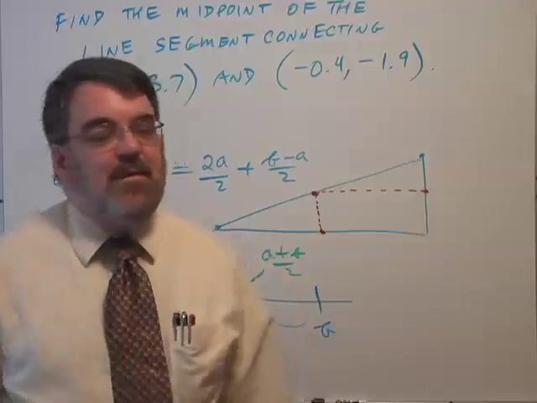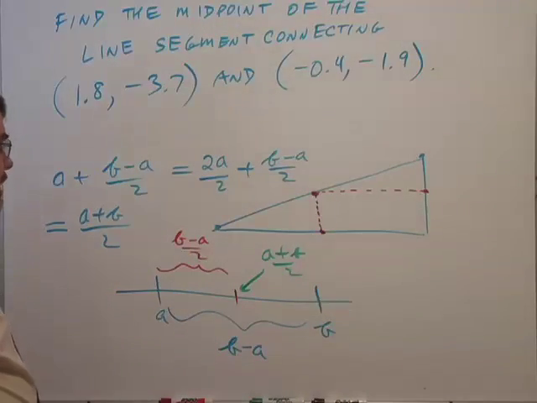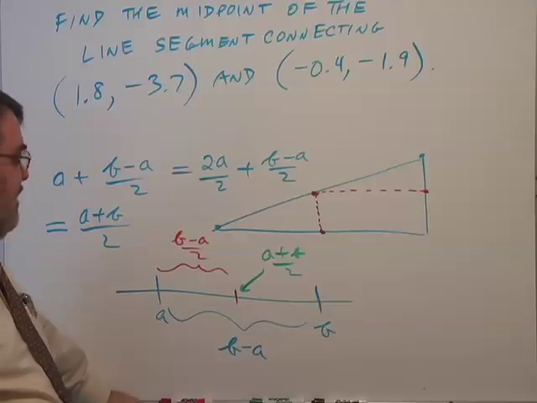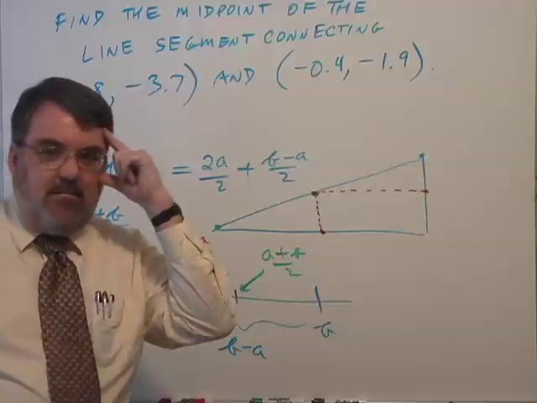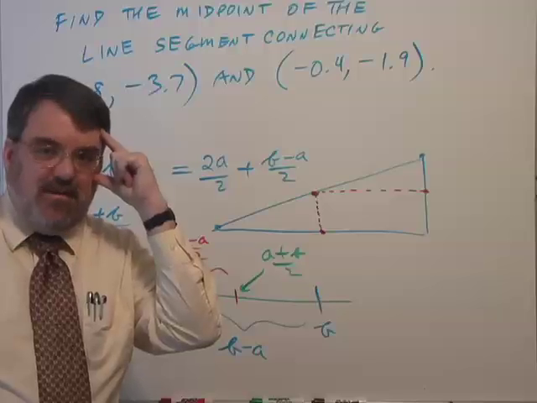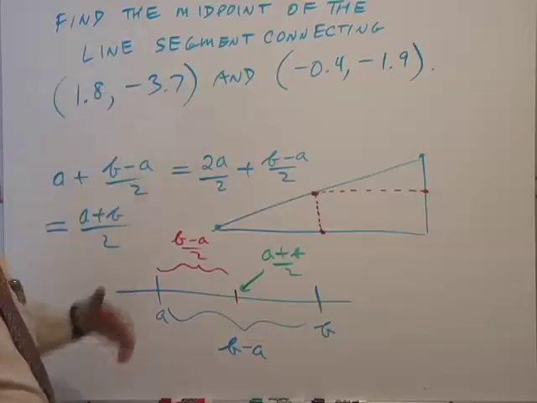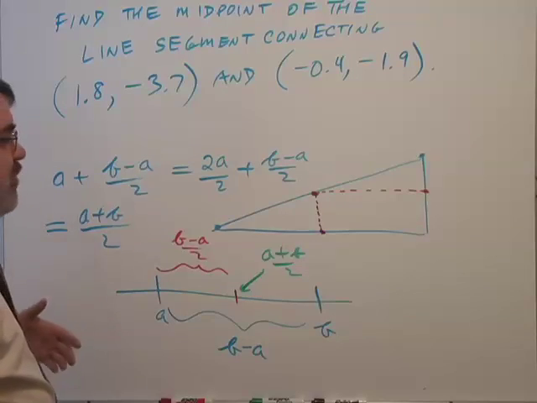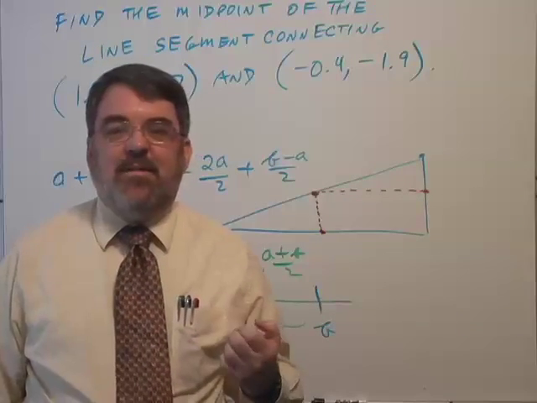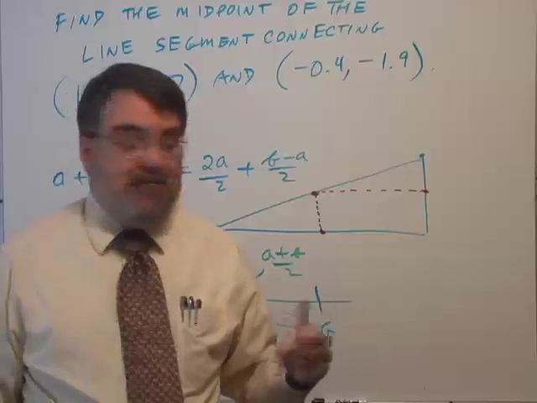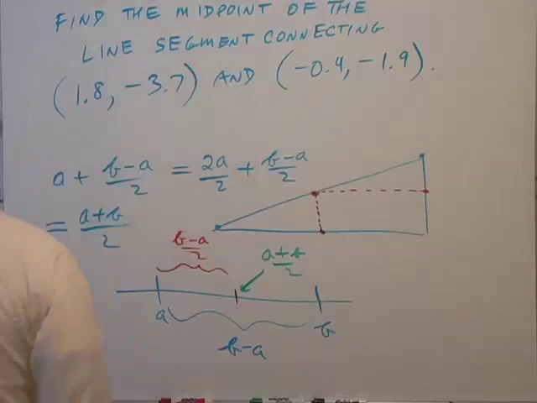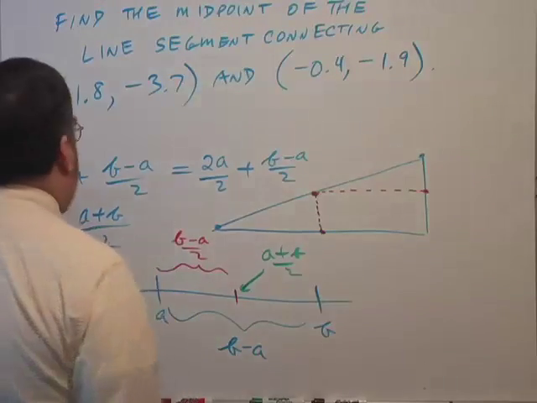That's what midpoint produces. So rather than give you a formula, and this sort of is a formula, but we also know it as the term average, rather than give you a formula for finding midpoint, if you just realize it's the average of the coordinates, then you're okay. So let's apply that to this problem up here.